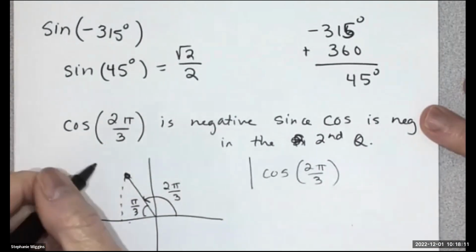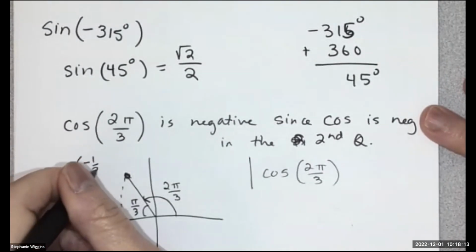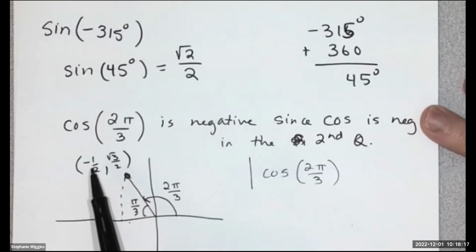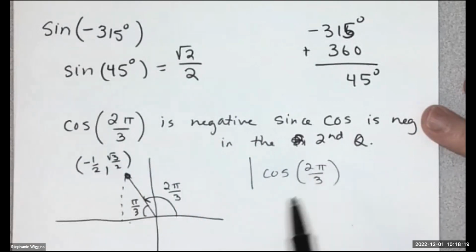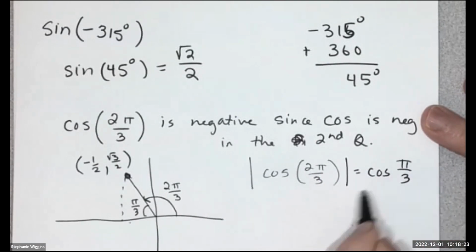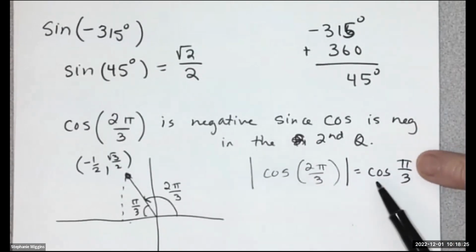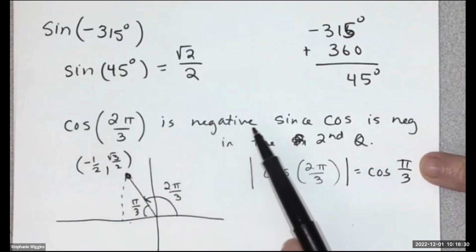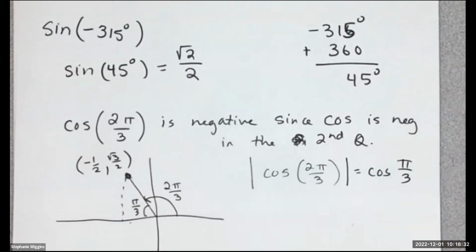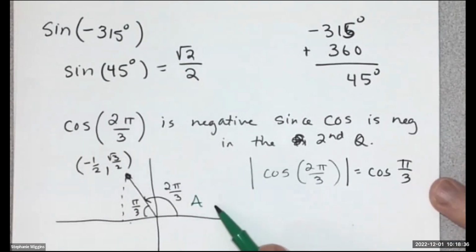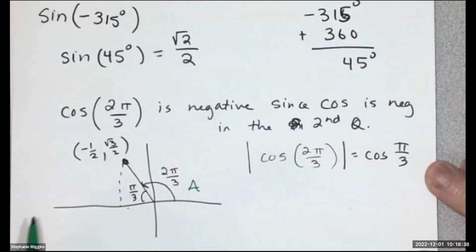This point here is negative 1/2, square root of 3 over 2. So you can see that if you're just using the positive cosine of pi over 3, you're not going to get the sign if you use the reference angle. So you've got to make sure that you know it's negative. And that's from All Students Take Calculus. All of the trig functions are positive in the first quadrant.